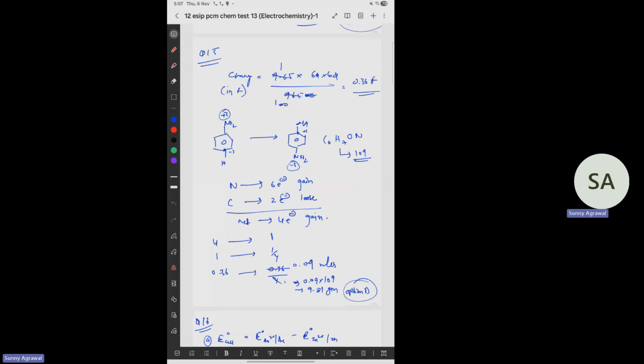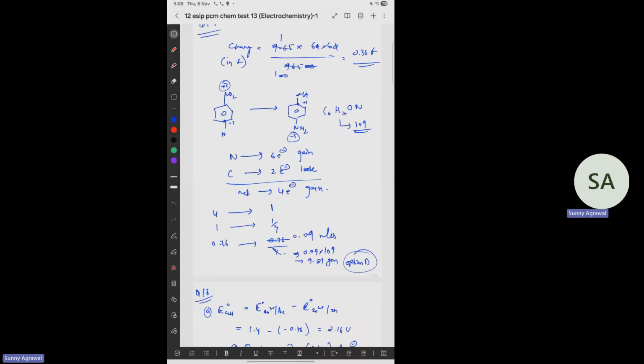So 4 Faraday of charge will be required to produce 1 mole of the compound; 1 Faraday will produce 1/4 mole of the product. We are given the current and the time for which it was passed, so we can calculate the charge, which is equal to 0.36 Faraday. With that much charge, we can obtain 9.81 gram of the product.